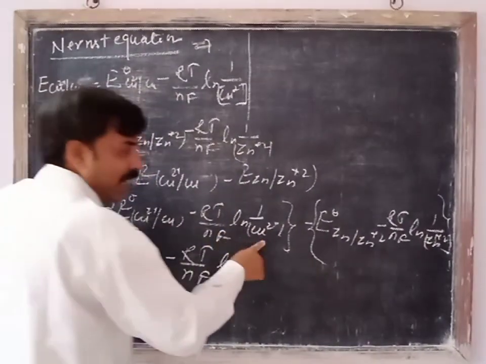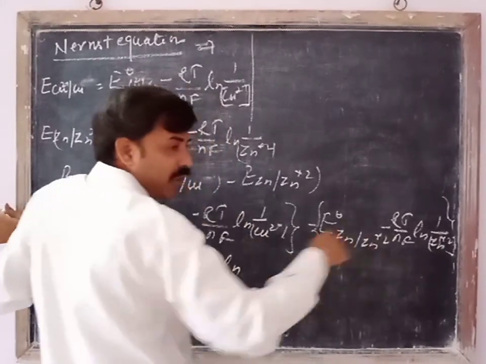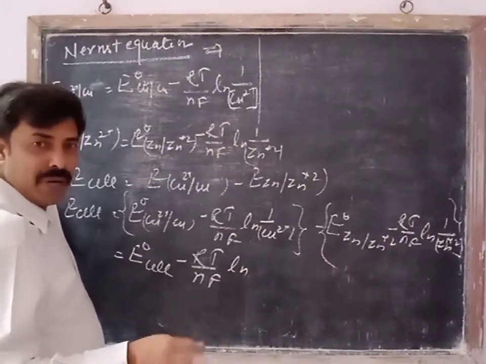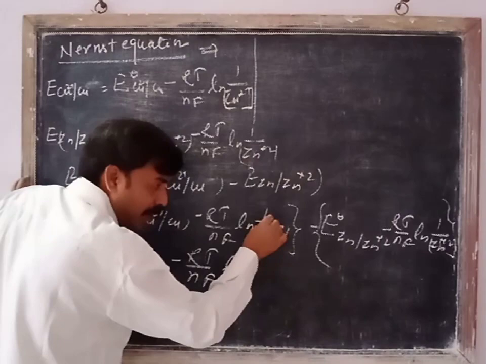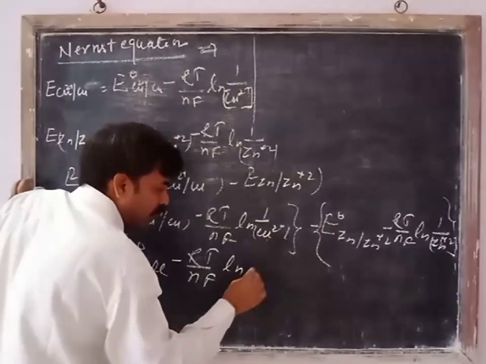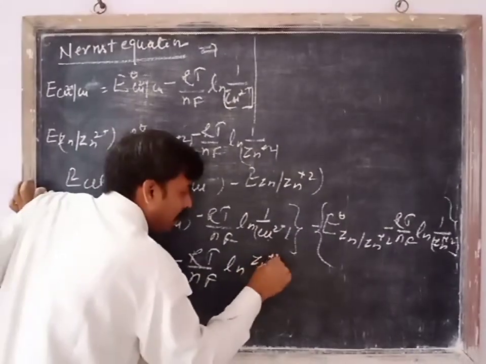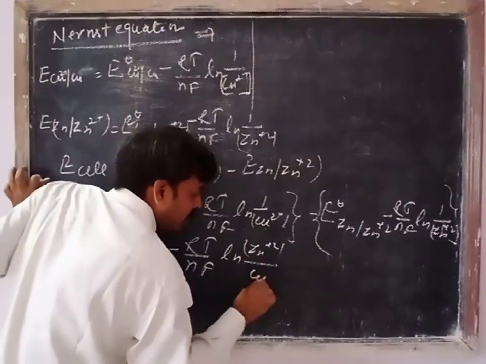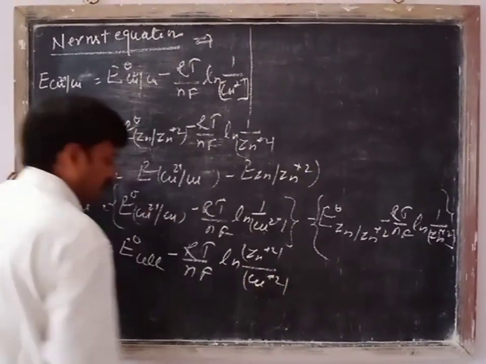That is log A minus log B, and log A minus log B equals log A/B. So it will be (1/Cu)/(1/Zn), which you can write as Zn2+ / Cu2+.